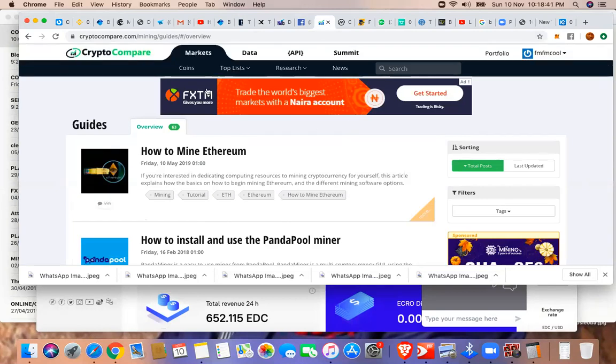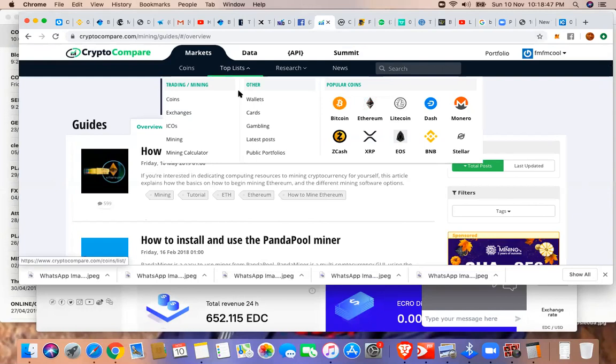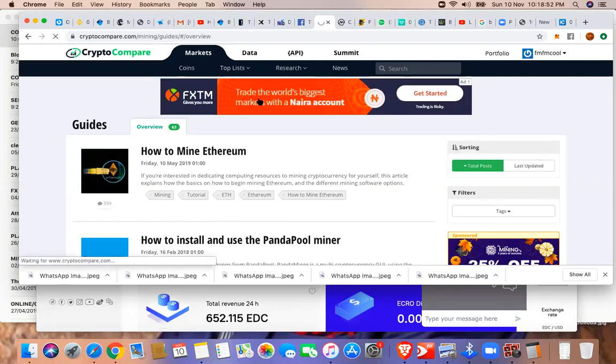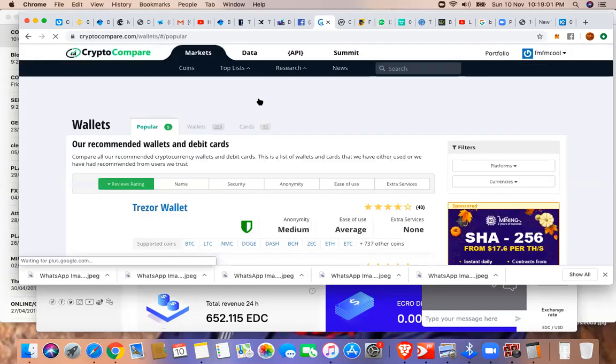How many of us have access to this place, Cryptopia? It's a place where you can learn so many things about wallets. You can go and read more about wallets here and download some wallets. Of course, some of us have Coinomi wallet. You have your Blockchain and Engine wallet.